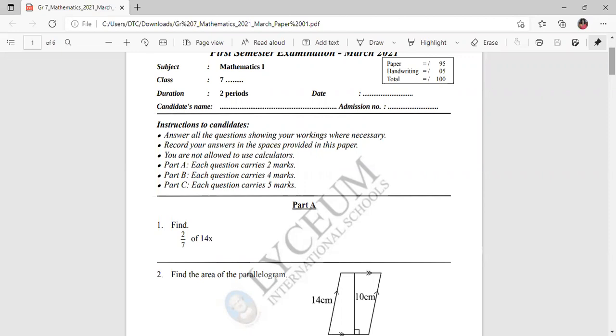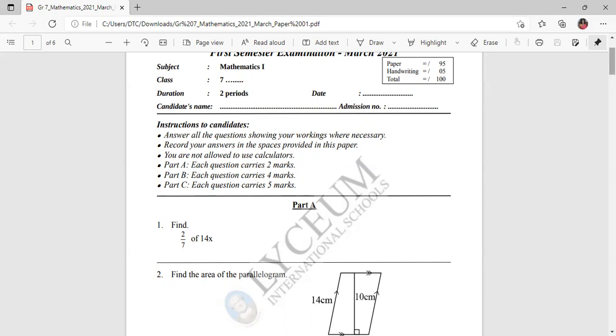Then you know how you want to present the steps and do the workings. For 1 mark, the steps won't be required. But for a question which carries 5 marks, definitely you want to show your workings step by step clearly. Right, straight away we'll move to part A.